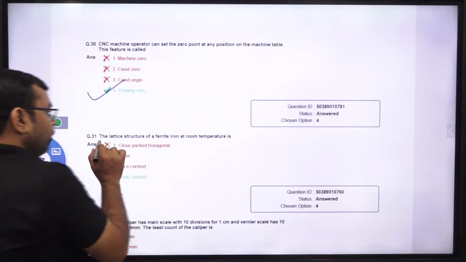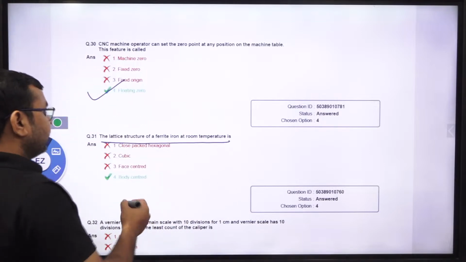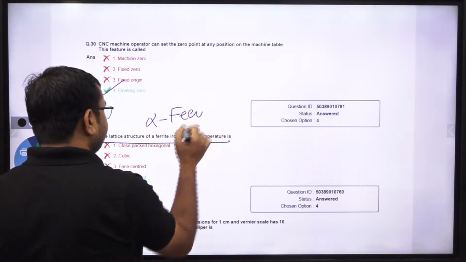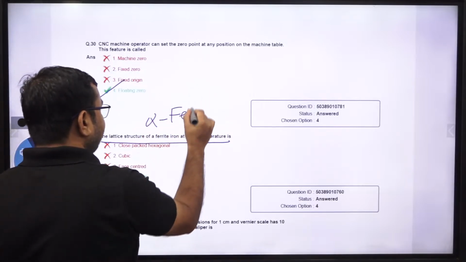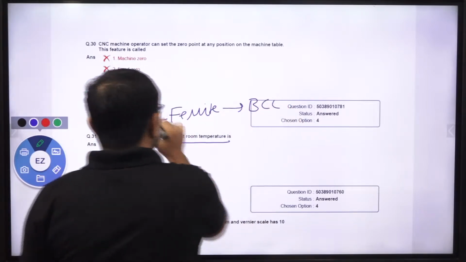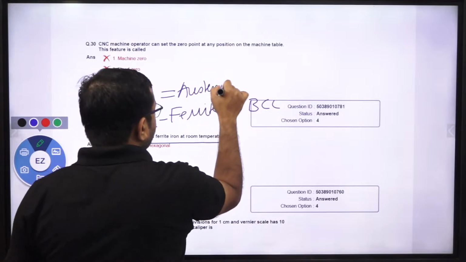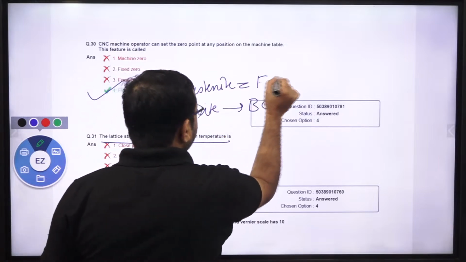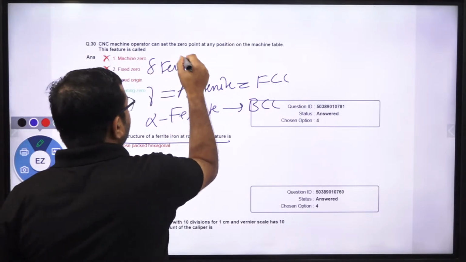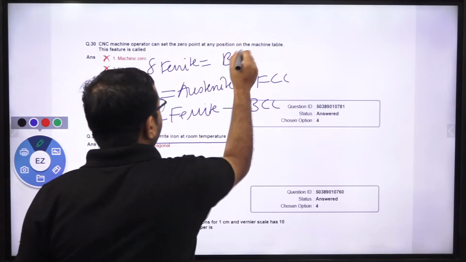The lattice structure of ferrite iron at room temperature is, obviously, called alpha ferrite. In alpha ferrite we have BCC. In austenite we have FCC. At a very high temperature we have delta ferrite, and in this we also have BCC.